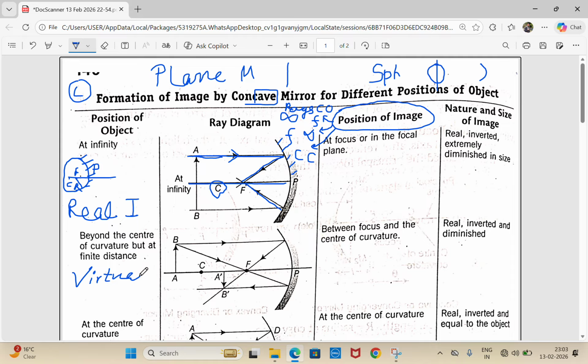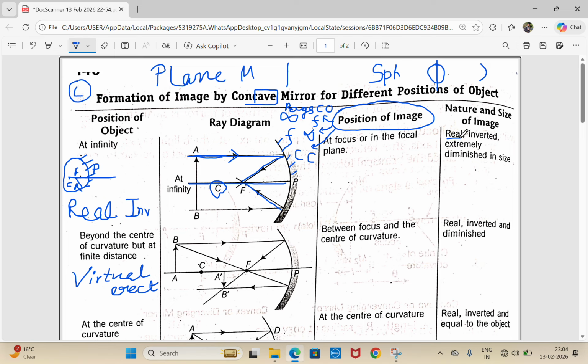So when it is written as real, you can naturally say that it is an inverted image, and if it is virtual, then it will be erect. So you are getting a highly diminished, inverted and real image.